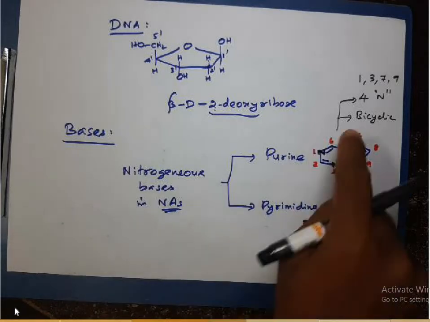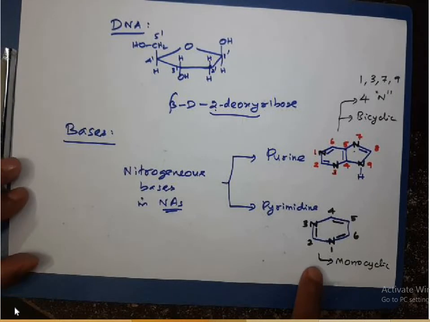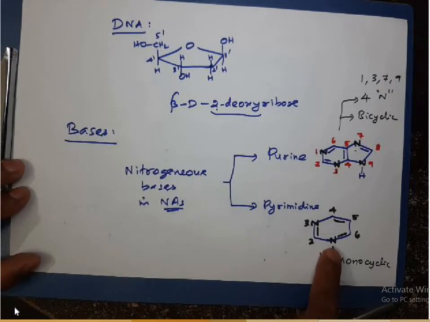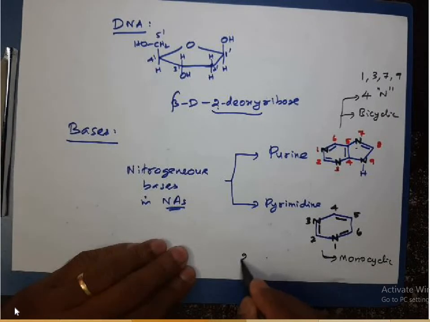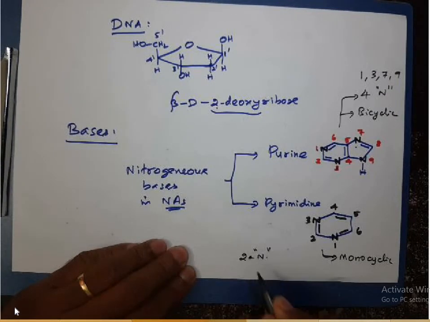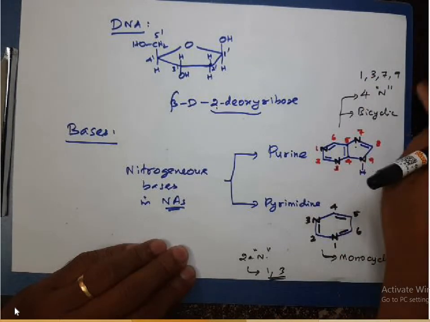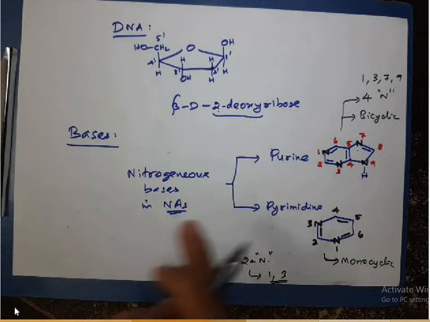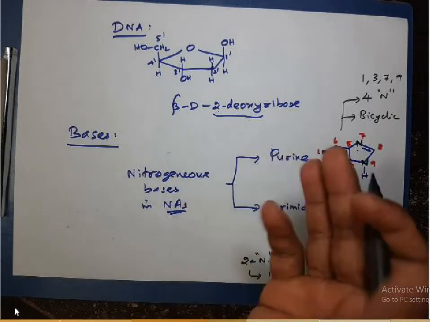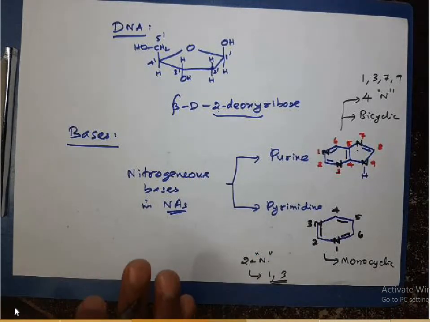In pyrimidine bases, nitrogen is present at positions 1 and 3. Here we have 2 nitrogens, at the 1, 3 positions. Here in purine, 1, 3, 7, 9 positions. Remember the structure, remember the position of nitrogen atoms. Now, in these 2 families, what are all the bases actually present?